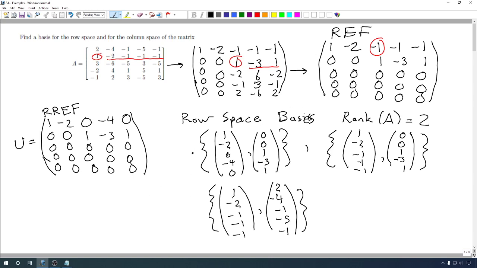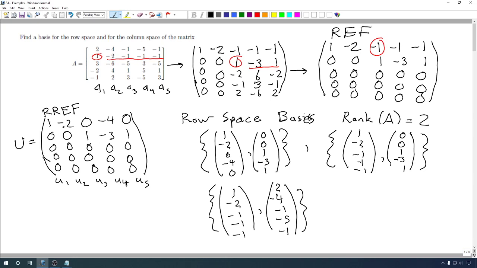So let's label the columns of U and A. Let's say this is A1, A2, A3, A4, A5. Those are those columns. And then for U, we have U1, U2, U3, U4, U5.